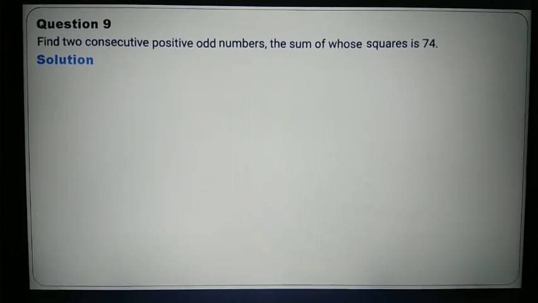Now, let me take one odd number. My odd number is 3, for example. Now, the immediate next odd number after 3 is 5, right? So consecutive odd numbers and consecutive even numbers will have a difference of 2. Okay, so you need to remember this one.